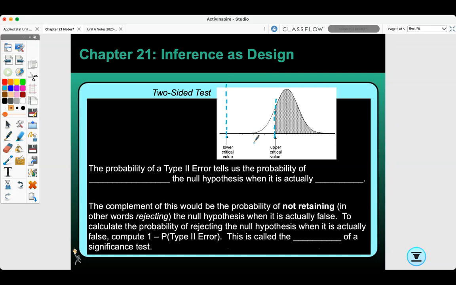Our P is now moved over here. This region here is known as beta. And then this is 1 minus beta. And that's the power of the test. And this is now your rejection region.